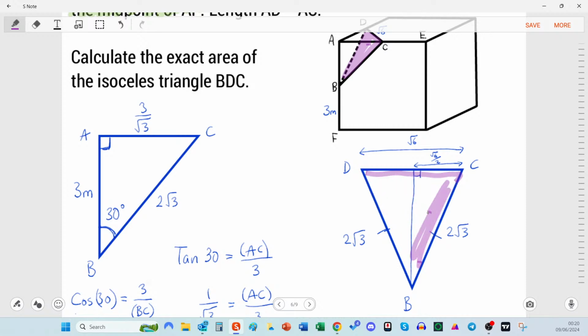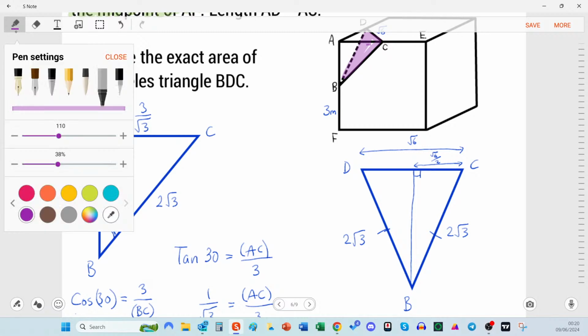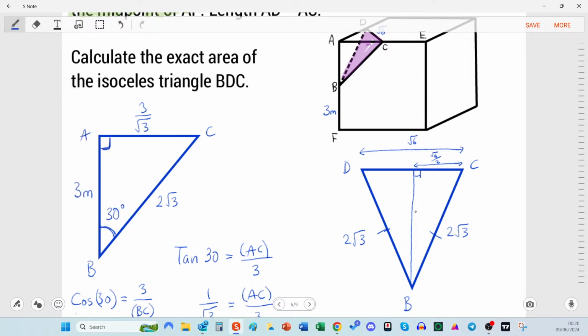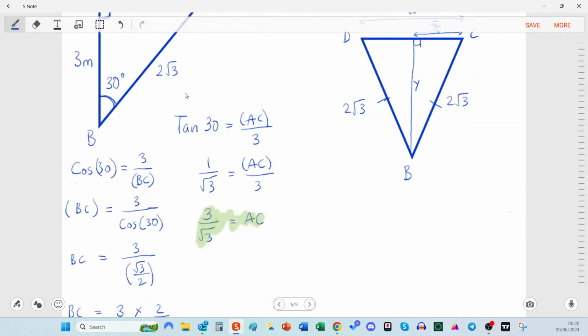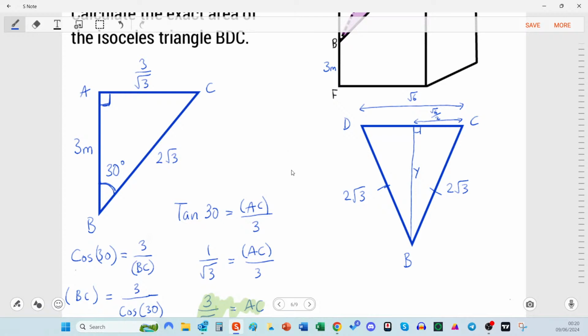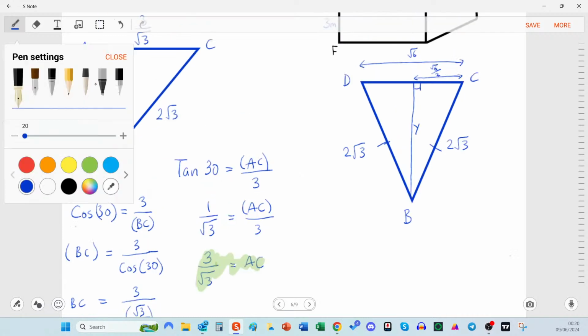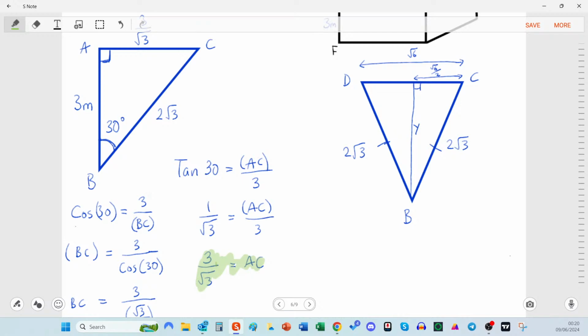So we need to find the area of this triangle. What do we need in order to find the area of this triangle is one more thing. I haven't used y yet. We'll call it y. We need the height. And rather simply, we're not going to use trig anymore. We can just use Pythagoras, because we have a right triangle where we have the hypotenuse and one of the small sides.